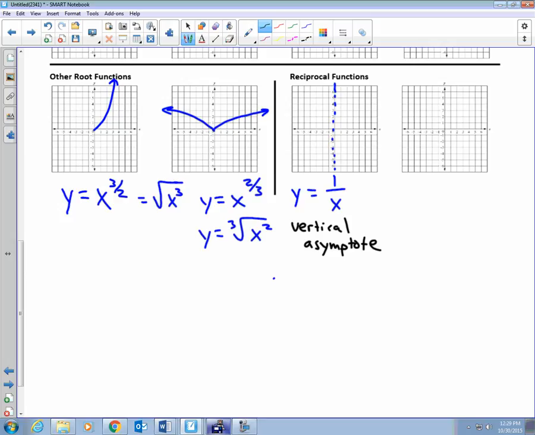It's called a vertical asymptote. So if there's a value that you can't plug into a rational function like that, many times you're going to get what we call a vertical asymptote.